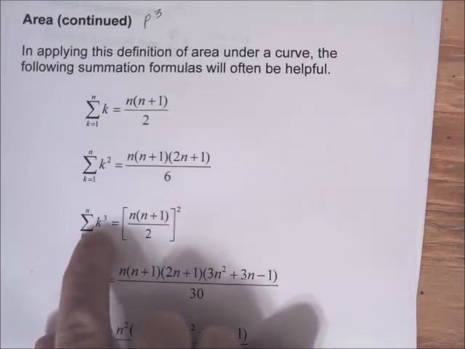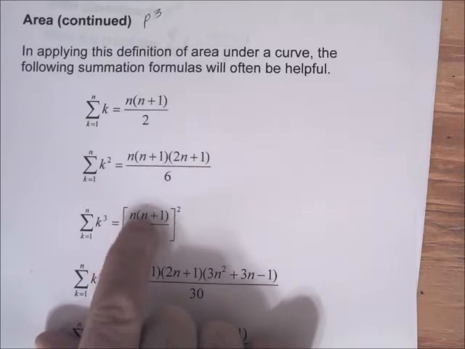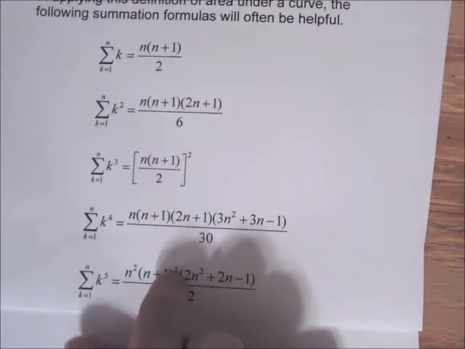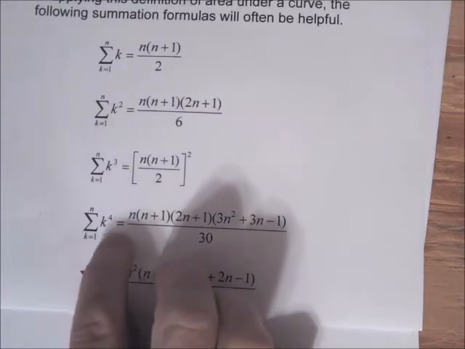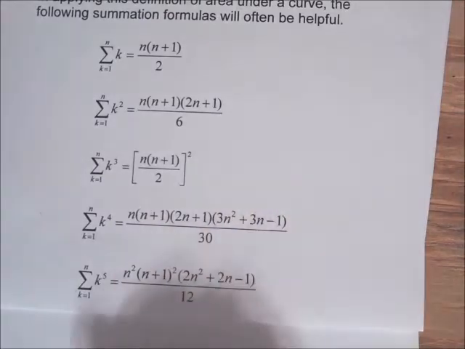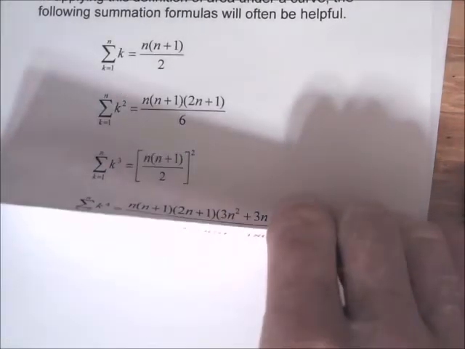The summation k equals 1 to n of k cubed is n times the quantity n plus 1 over 2, and the whole thing squared. The summation k equals 1 to n of k to the fourth is n times the quantity n plus 1, etc. So these are some shortcut formulas that are helpful.